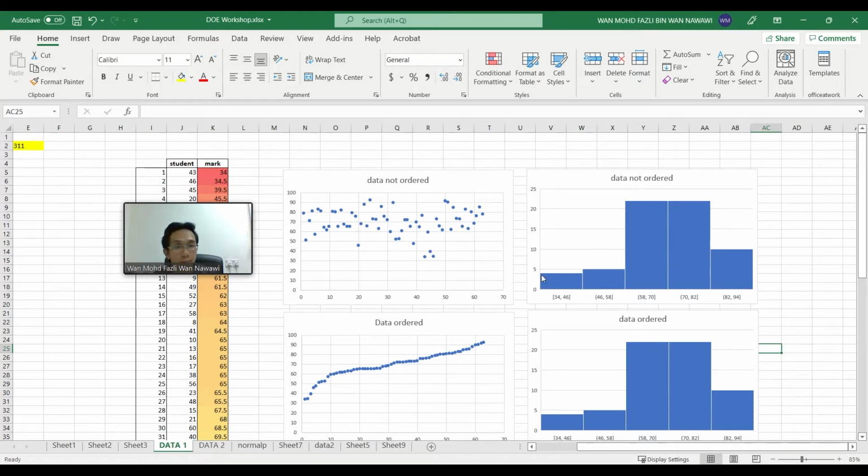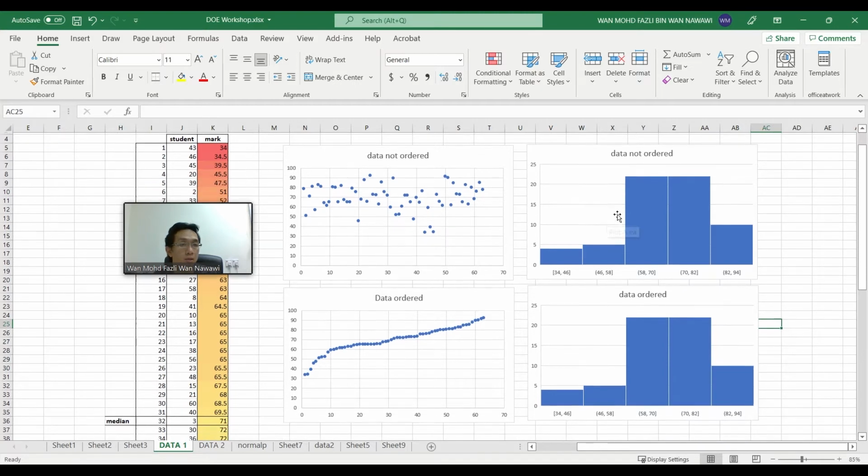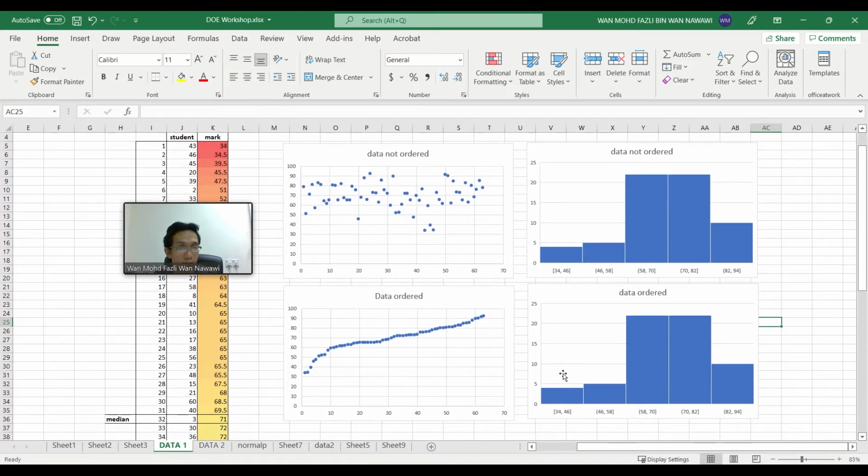So it depends on the frequency. With the histogram style, whether it's ordered or not ordered, it doesn't matter. That's why the normal distribution can be standard, because it doesn't rely on the order. So that's why people use this.